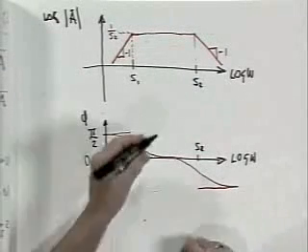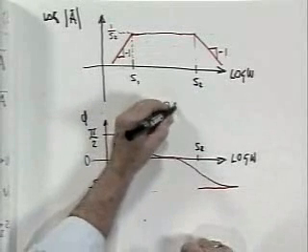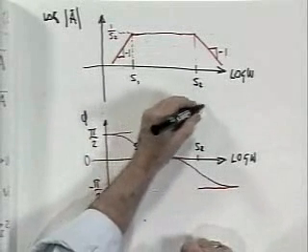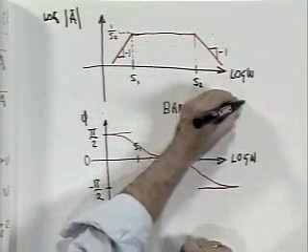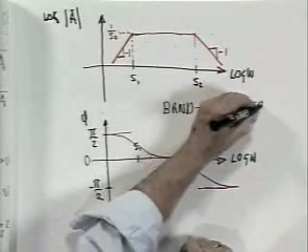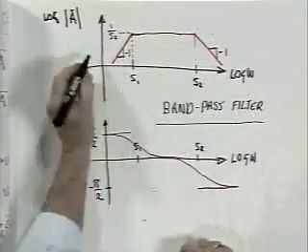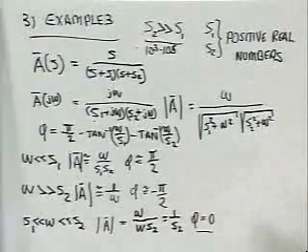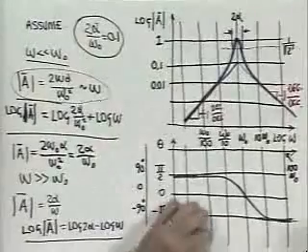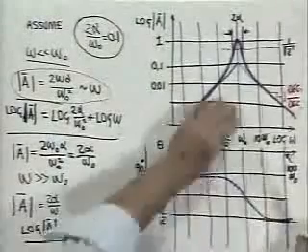This circuit could be described as a bandpass filter. This could be a wide bandpass filter because S1 and S2 can be far apart. The resonant circuit that we looked at here earlier is a bandpass filter again.